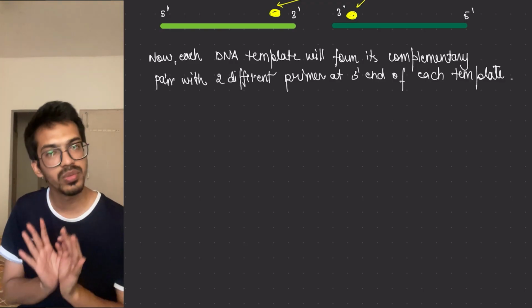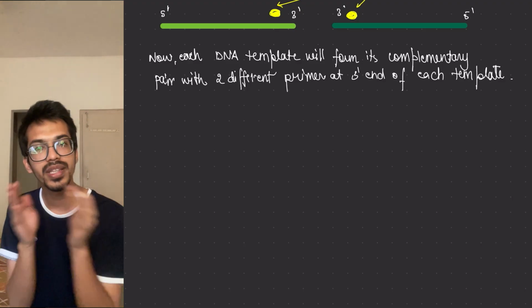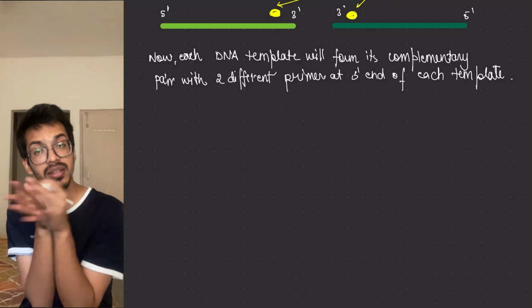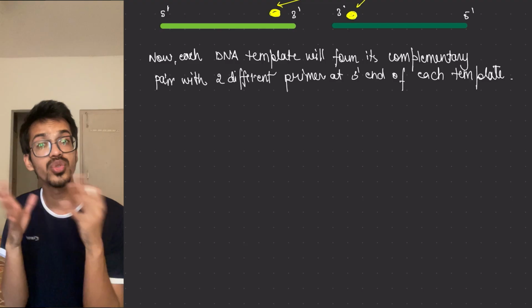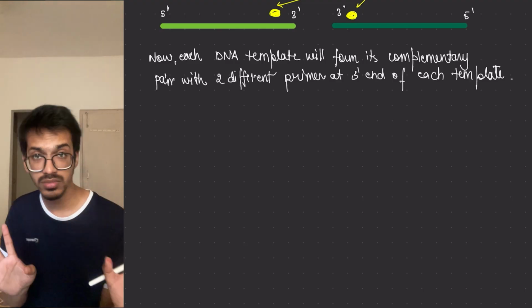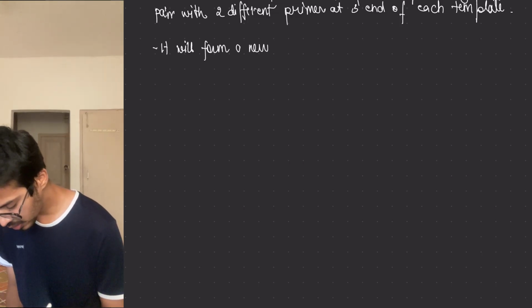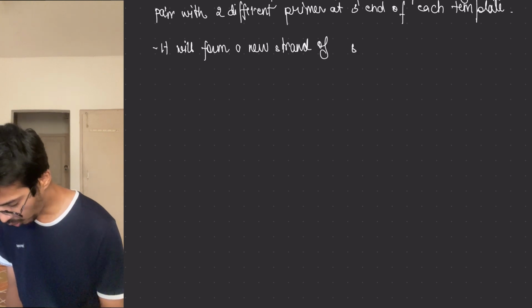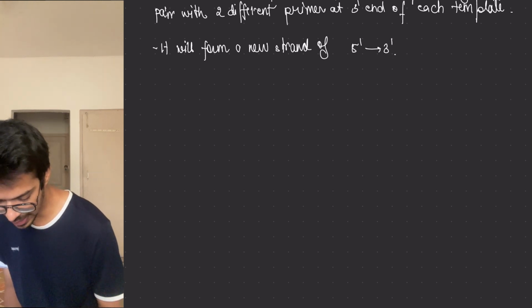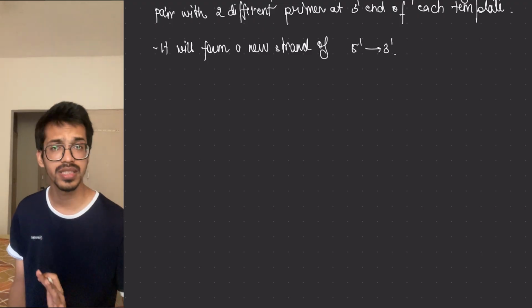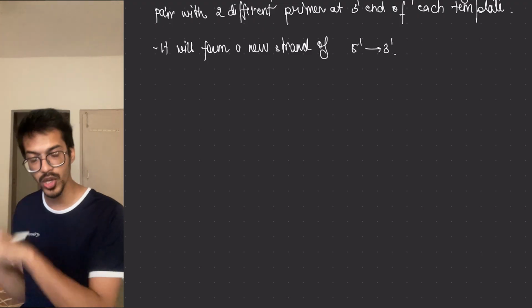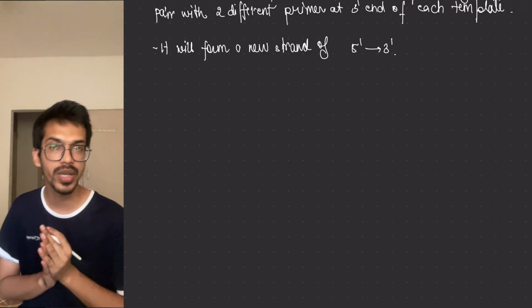Over there, who opened these double bonds? The helicase. Here, high temperature does it. So the template will form a new strand of 5' to 3', exactly same like molecular basis. That's why we are doing it right now, so that molecular basis understanding keeps going over here.